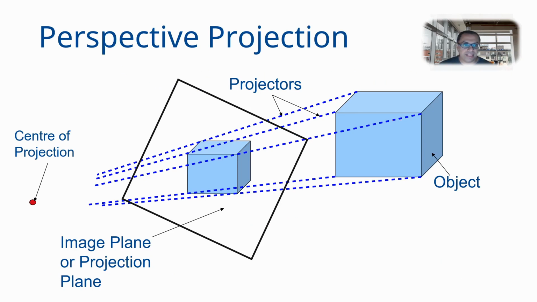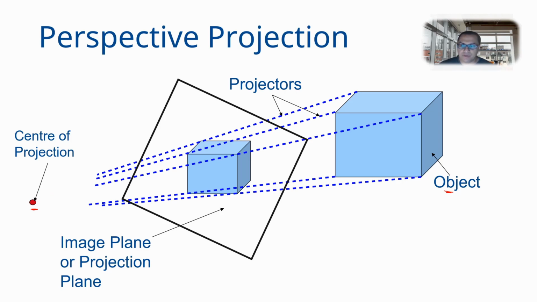So in that case, if we have an object in the world, and we have a camera center. So here is the camera center, and the camera center is at some finite distance from the object.